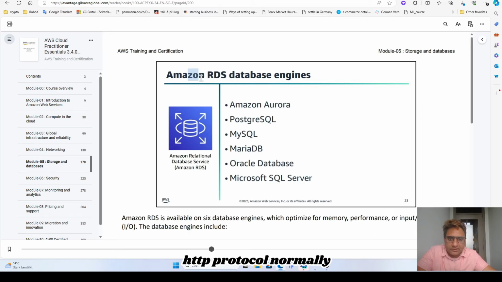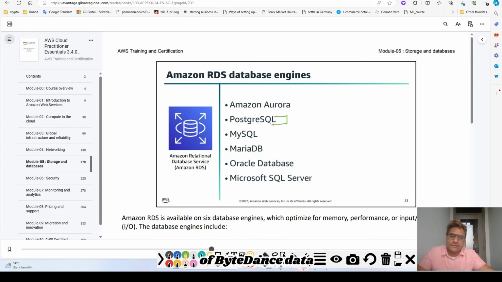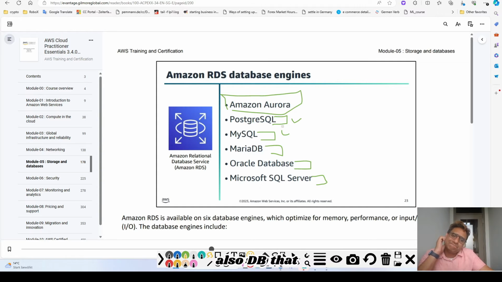This is the beauty. RDS can manage these kinds of databases: Postgres, a well-famous database, MariaDB, Oracle, and Microsoft SQL Server. These are the well-famous ones in the market. On top of that, Amazon has its own database, Aurora, which is built on the principle of being faster and more reliable, with more records within milliseconds, with good indexing, built on top of open source, maybe Postgres.